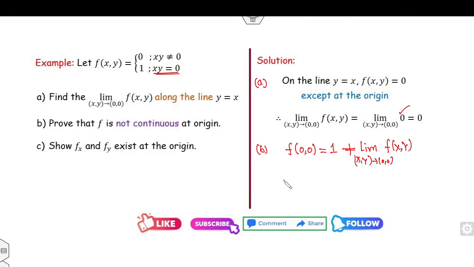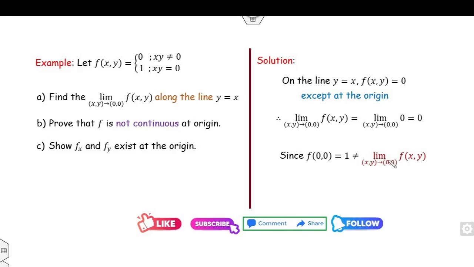We all know a function is said to be continuous when the limit as x approaches a of f(x) is equal to f(a). In this case, a is (0, 0) and f(0, 0) is 1, which is not equal to the limit. So what does it mean? f is not continuous at the point (0, 0).